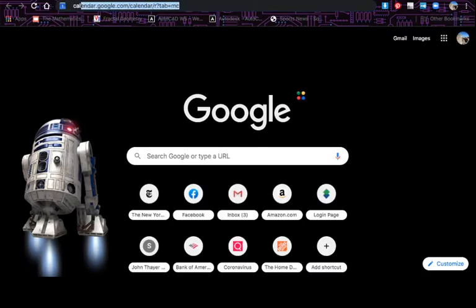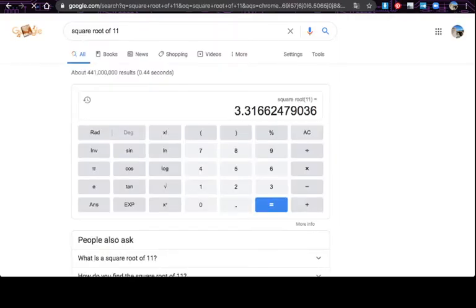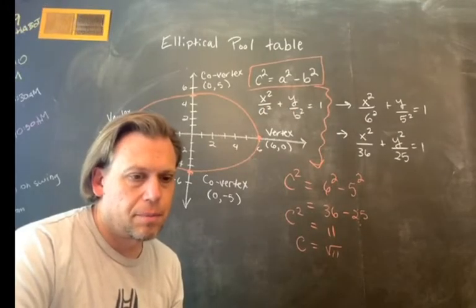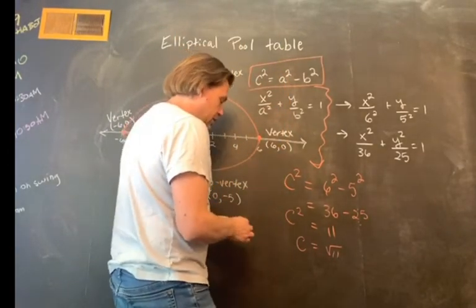Let's just get a calculator, or just Google square root of 11. Will that work? We need Carmina in the classroom to ask Siri. Square root of 11 is 3.32, so about 3.3.